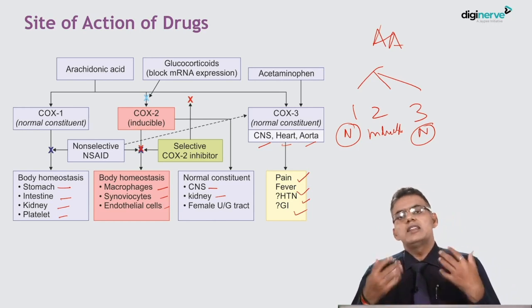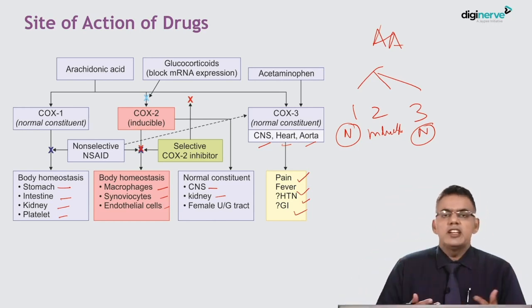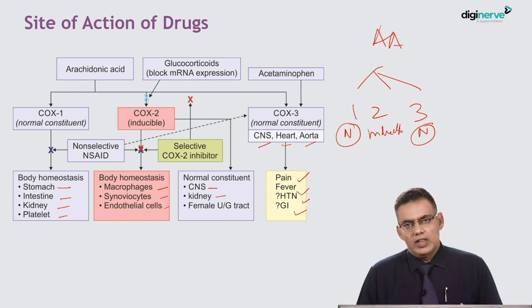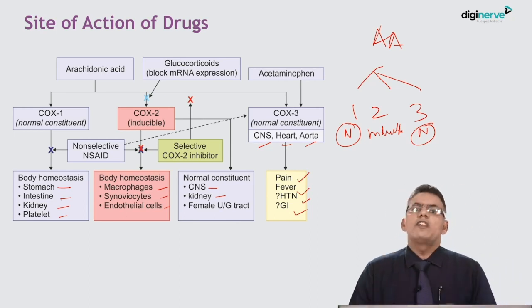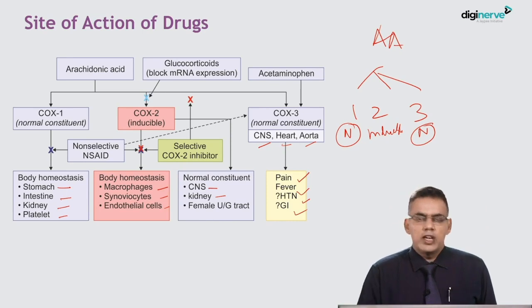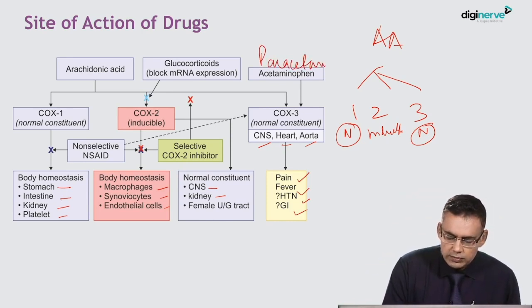But once it gets induced, there is overexpression, which would result in increased manifestations of inflammation, which needs to be controlled. And therefore, we have drugs which are specific for COX-2, and these are called selective COX-2 inhibitors. Lastly, we have only one drug which acts specifically on COX-3, that is acetaminophen, which in India is also called paracetamol.